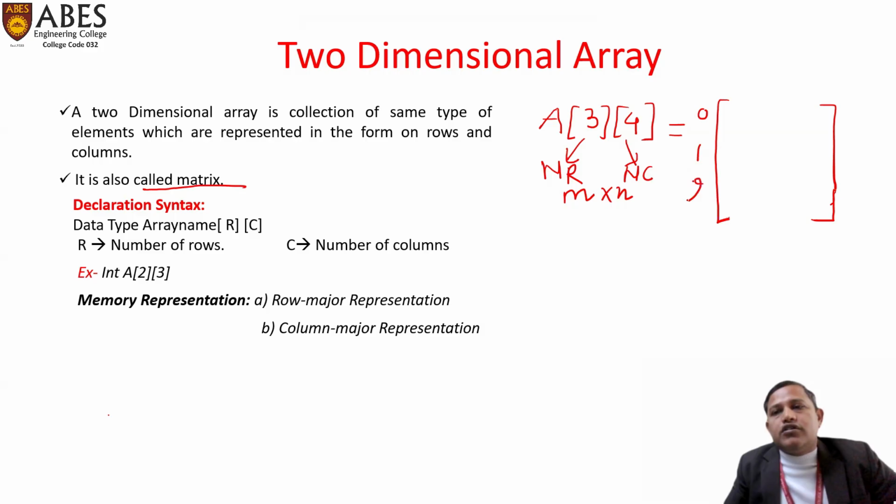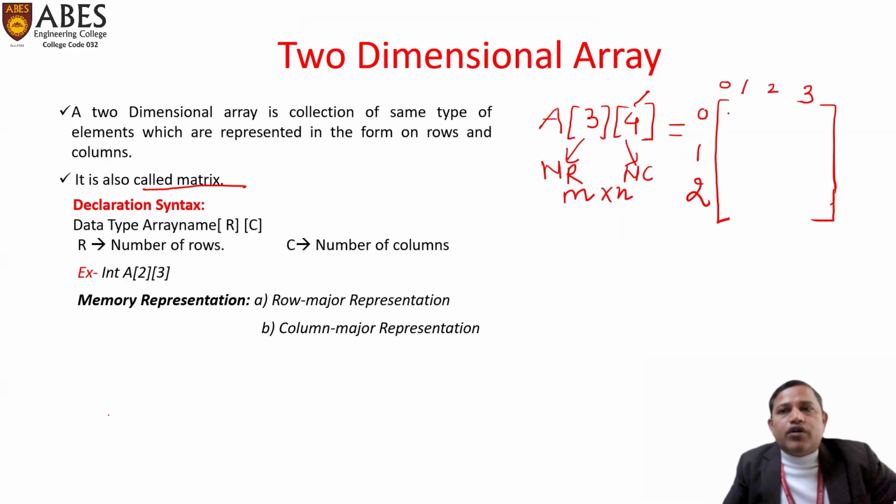There are a total of 3 rows, with starting index 0, 1, 2. And here it represents the columns, starting with index 0, 1, 2, and 3.